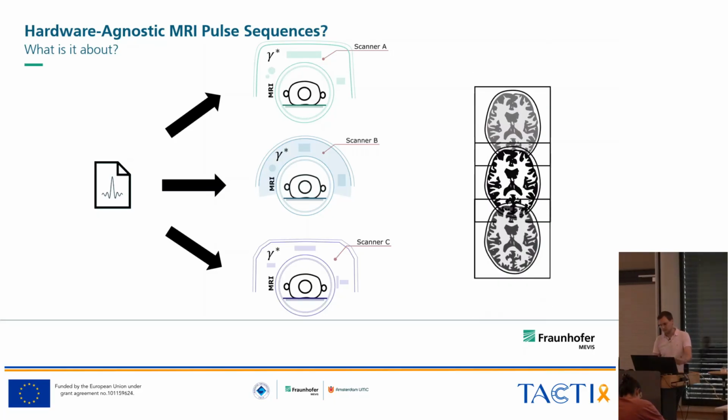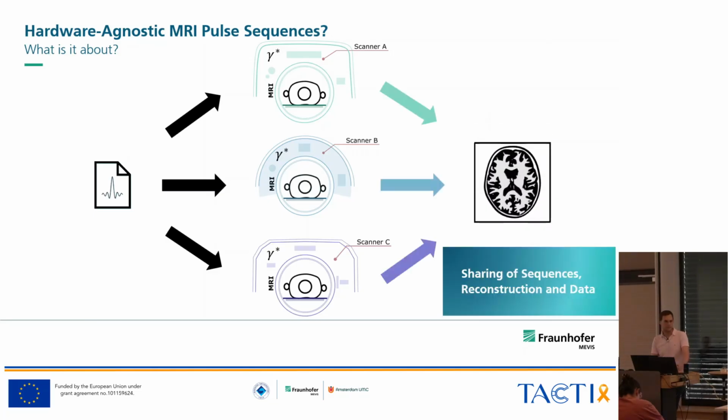And this, in the end, would result in the exact same MR physics being played out on the different MR systems, creating a harmonized and comparable image result. And the nice thing is that you can actually share MR sequences between sites using MR systems of different vendors.